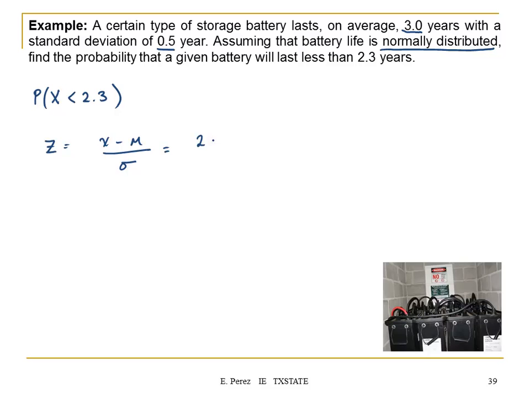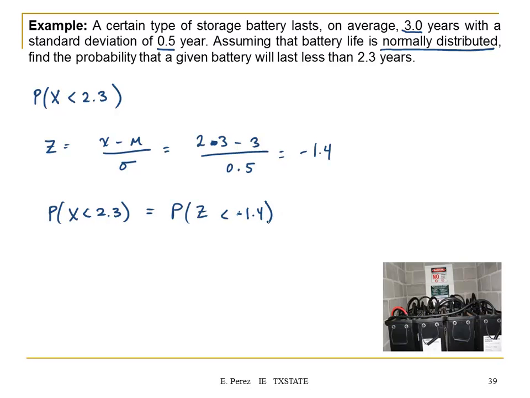Okay? So if you solve this, this is 2.3 minus 3 divided by the standard deviation. Then you get that the value of z is minus 1.4. So the probability of x being less than 2.3 equals the probability of the transformation for Z less than minus 1.4.